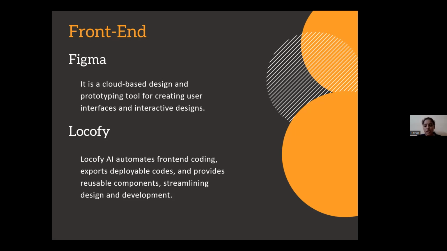I used HTML and CSS. We can also generate code for React.js and AngularJS as well. In Locofy, we generate the code, and I exported the zip file, extracted all the code, and ran it in my browser. So that's about the front end.